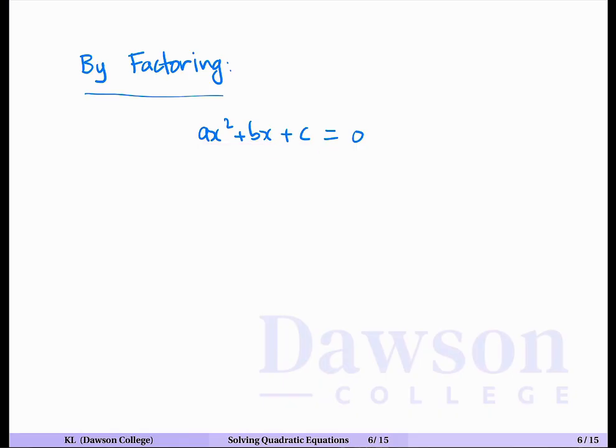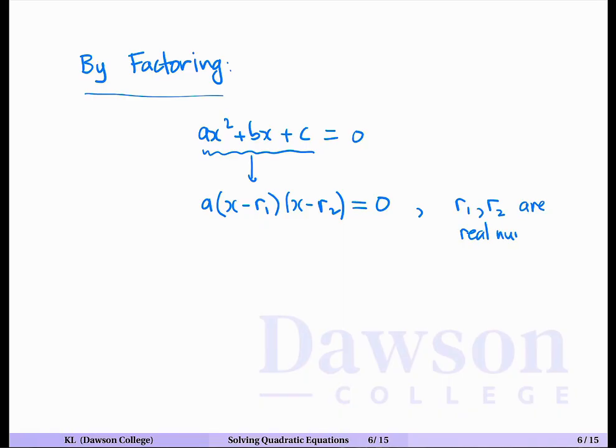In general, you will be able to write this as a times (x minus r1) times (x minus r2) equals 0, where r1 and r2 are real numbers.